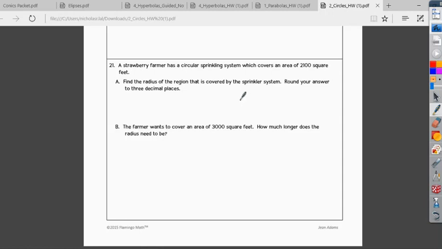So here, pi r squared is equal to 2,100. So think about it. R would be equal to the square root of 2,100 divided by pi. Find that, if you figure it out.